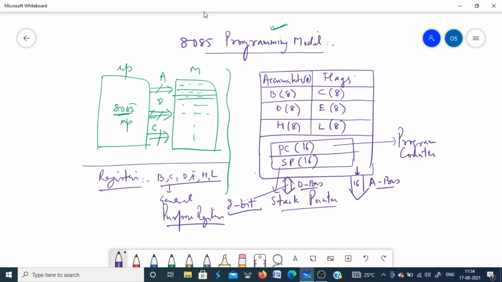They are used by programmers to store 8-bit data during the execution of programs. So they are accessible to the programmers.